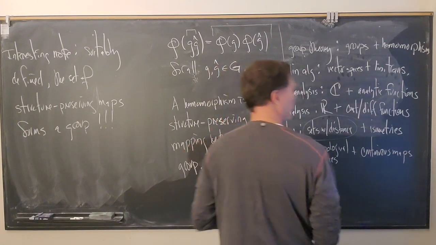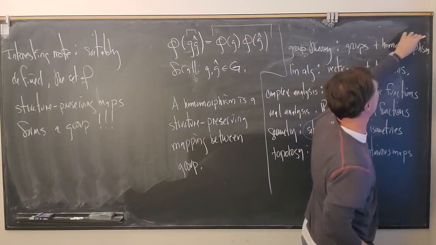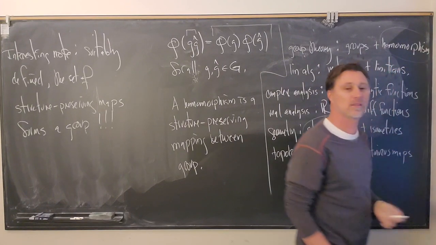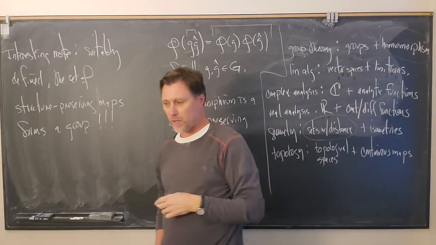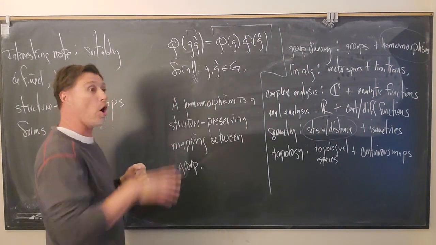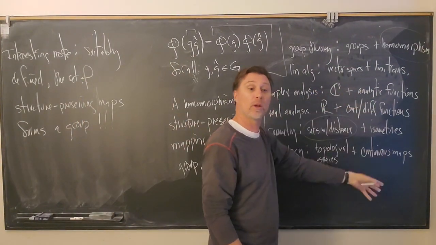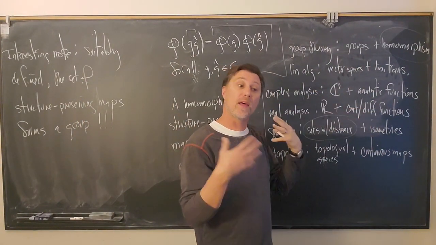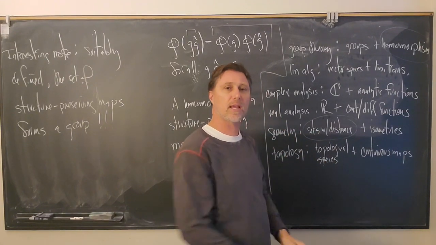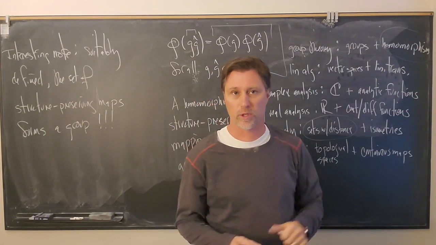So, for example, the set of all homomorphisms from one group to another forms a group. And so then you can study the group of homomorphisms. Same thing with linear transformations, analytic, continuous, all of these form groups that allow you to get a deeper understanding of what you're working with, what you're studying.